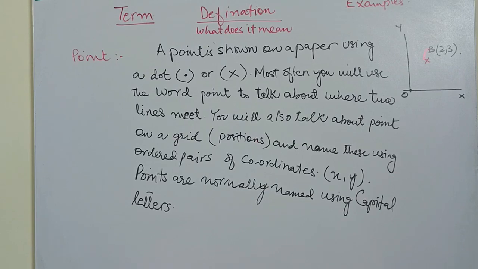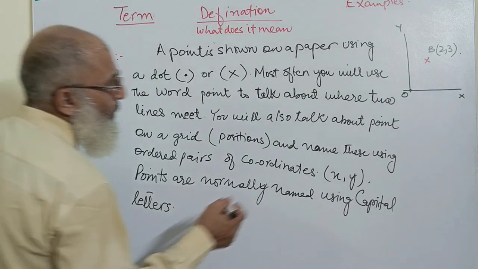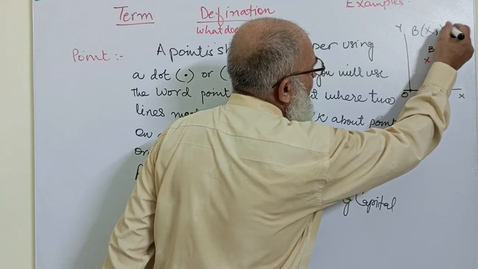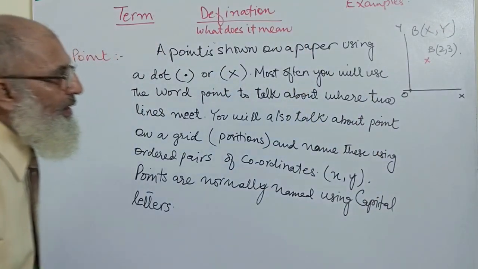What is a grid? This whole plane is a grid, and points are named using ordered pairs of coordinates. X and Y points are normally named using capital letters. If it was not written over here, it could have been written like this. You see that these are written in capital letters.